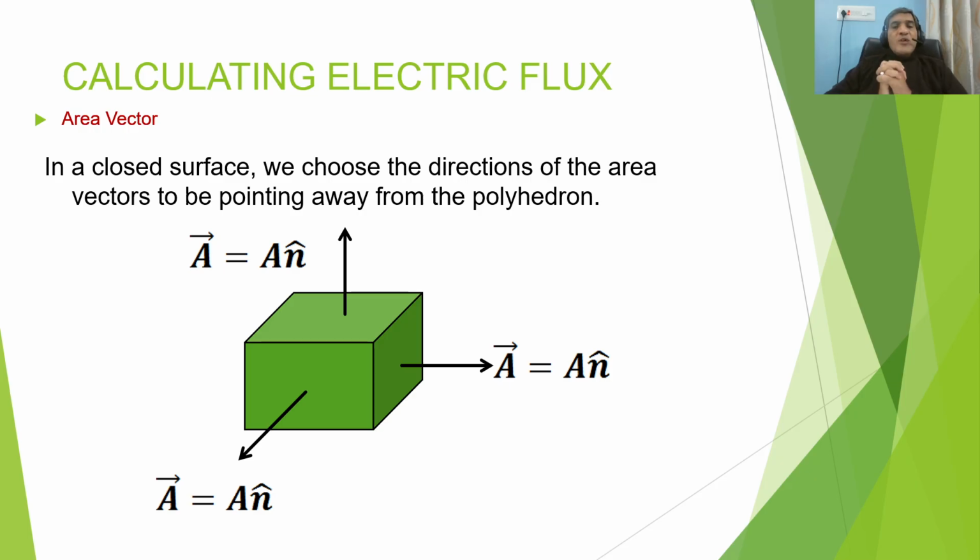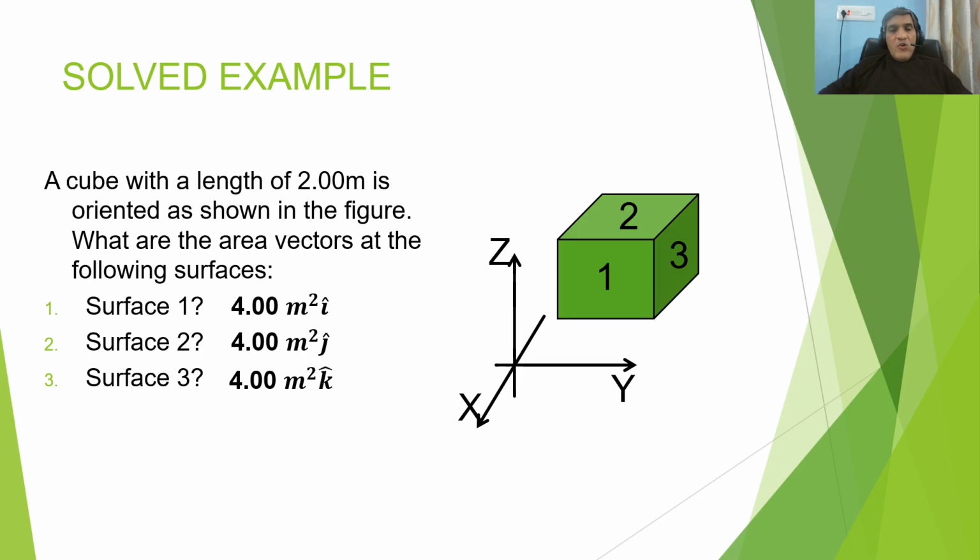So in a closed surface, if we choose the direction of the area vector to be pointing away from the polyhedron, we have a simple formula: vector A equals A n, where n is the unit vector which shows the direction of this area vector, and it is perpendicular to that particular surface. So now move further.